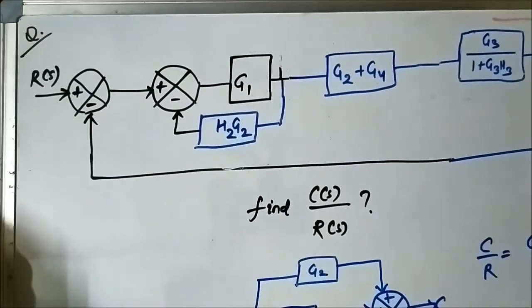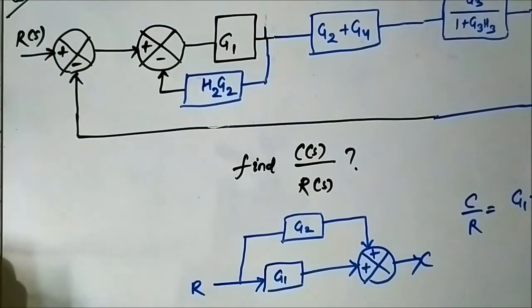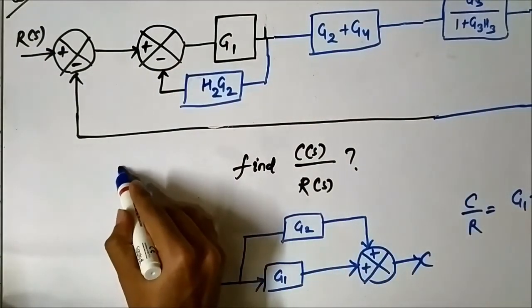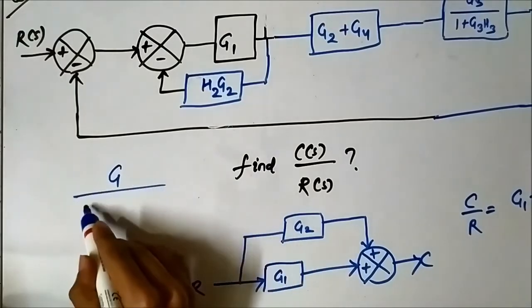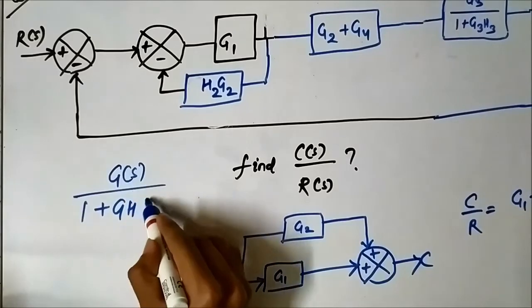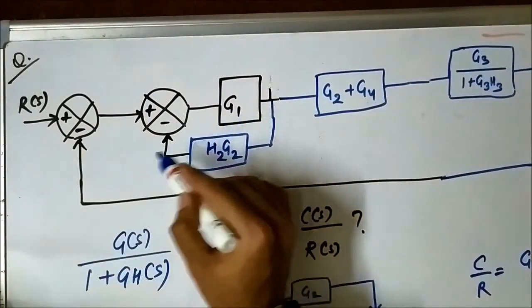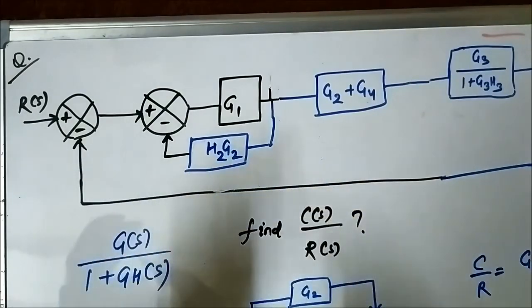This is a negative feedback connection. As I just discussed previously, for a negative feedback connection the transfer function is given by G by 1 plus GH, that is G(s) by 1 plus G(s)H(s). So here also it will be G1 by 1 plus G1 G2 H2.